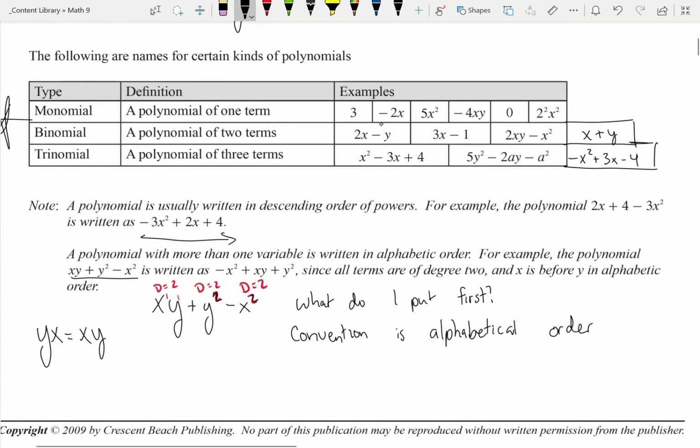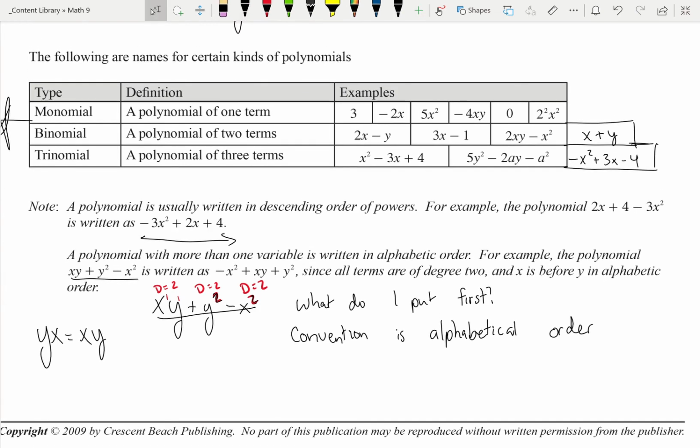So in this, I want to alphabetize it. x's come before y's, so I'm probably going to write it as negative x squared plus xy plus y squared. I'm just rearranging, doing all my x's first and then all my y's second. When they cross over, you can see that I have both, but after that point, I have no more x's, and before that point, I have no y's.